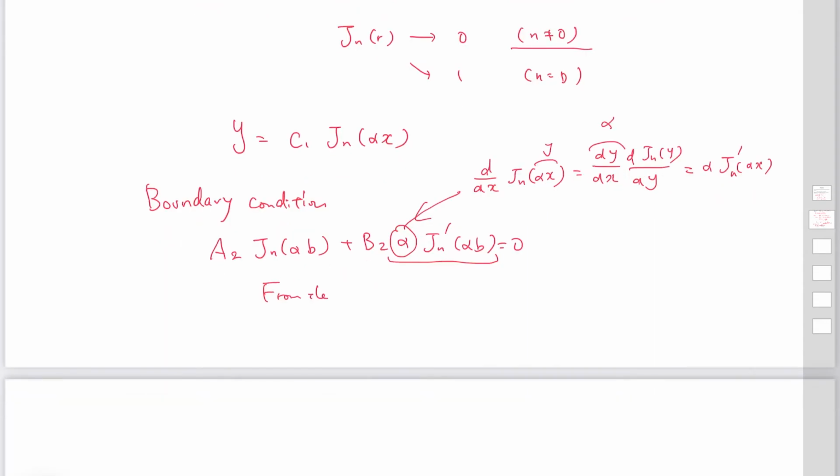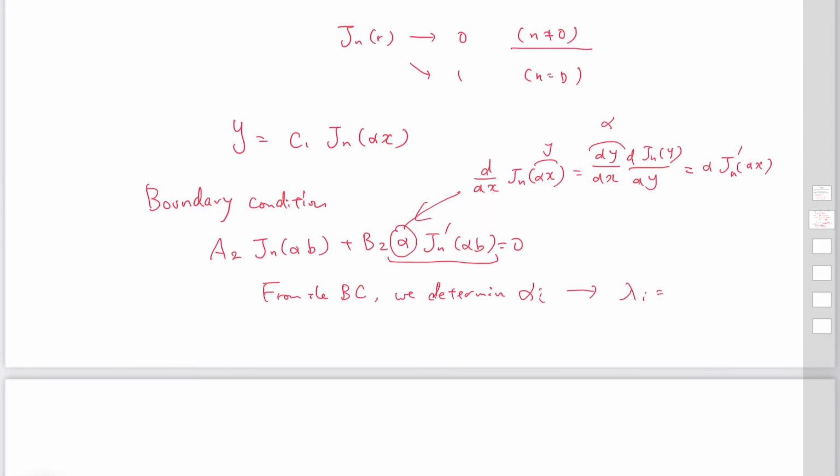So from the boundary condition, we determine alpha sub i. To satisfy this boundary condition, you can find the alpha. Once you have alpha sub i, you can find lambda.